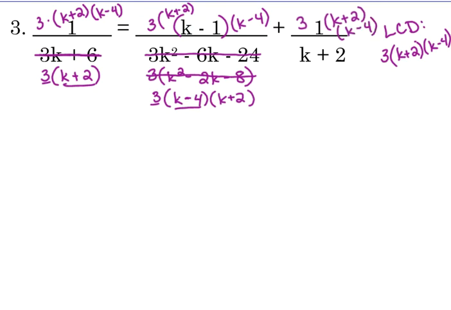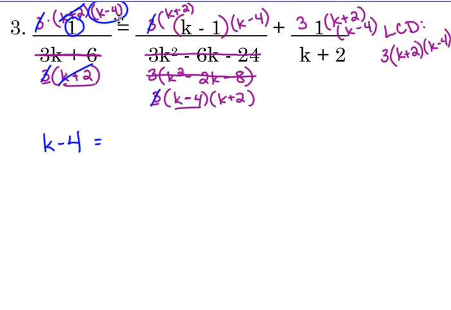Okay, so each term multiplied by the 3, the k plus 2, and the k minus 4. So, canceling. 3 cancels, k plus 2 cancels. We're left with a 1 times the k minus 4. Multiplying by 1 doesn't do anything, so I'm just going to bring down the k minus 4.